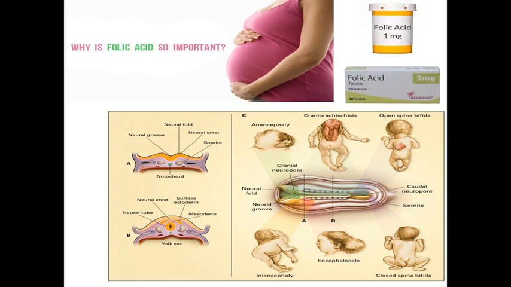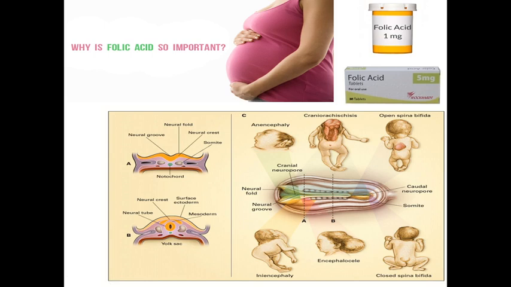But if it is a mother who has previously delivered a child with a neural tube defect, sometimes this 1 milligram may not be enough. In that case, she will have to take 5 milligrams of folic acid per day. So when should you start folic acid? Now this neural tube development usually is completed by 8th week of pregnancy. So 8th week is 2 months.